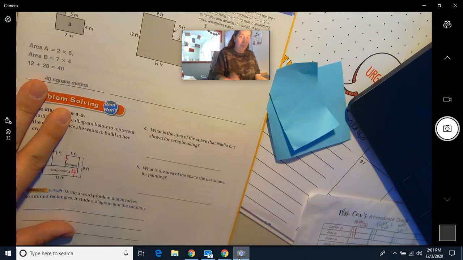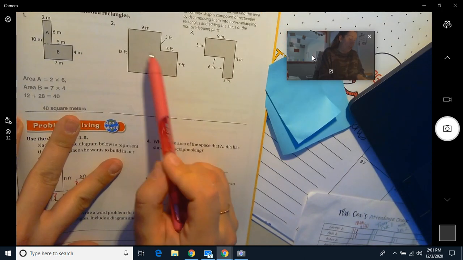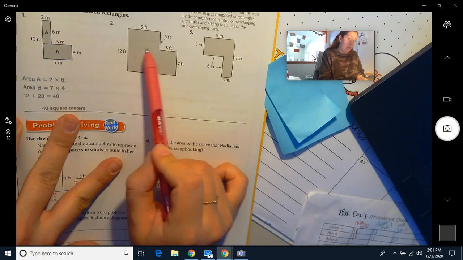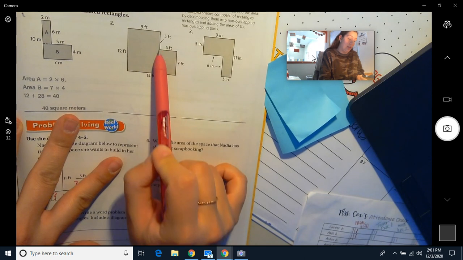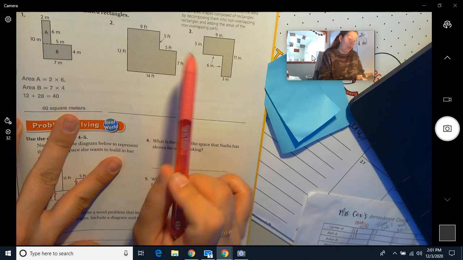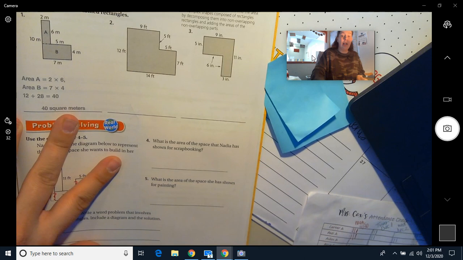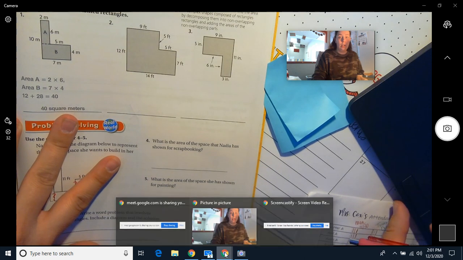On number two, whoops, my face is in the middle of that. Sorry. On number two, you can choose to either cut it this way or you can cut it this way, your choice. Okay, and then find the area of your two shapes, whatever you did, and then add them together. Okay? Any other questions for me?